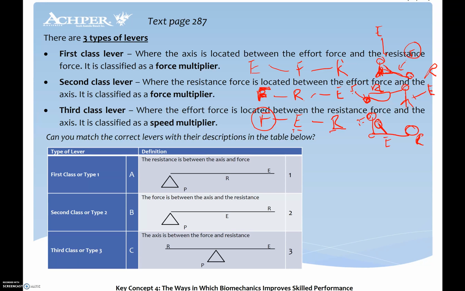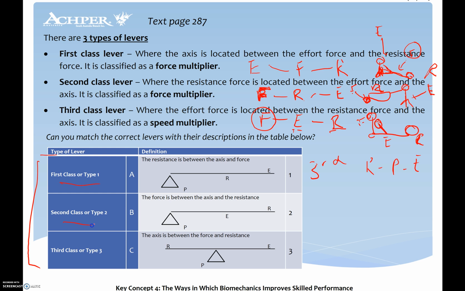If we look here, we have our three types of levers: our first class, our second class, and our third class, and we're looking at what matches each. The first class lever, or A, is where the axis is between the force and the resistance. So that is our third definition, where we have R, P, E. So we're looking at our rower.